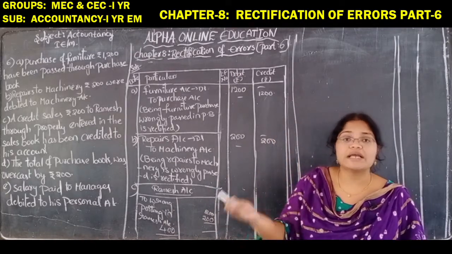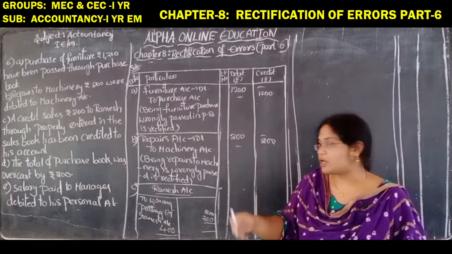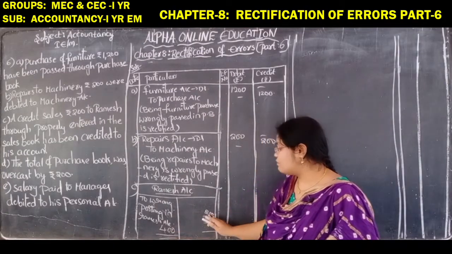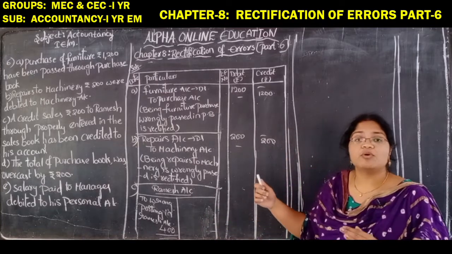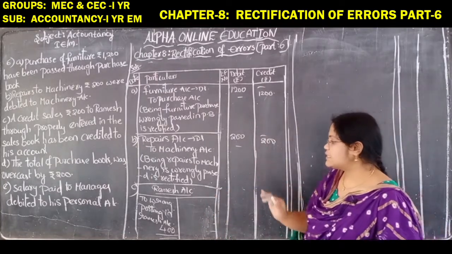Totally, omitted 200 and written 200, that is 400. That 400 I am writing on the debit side. By that there will not be any kind of effect in the trial balance. So this is the entry.